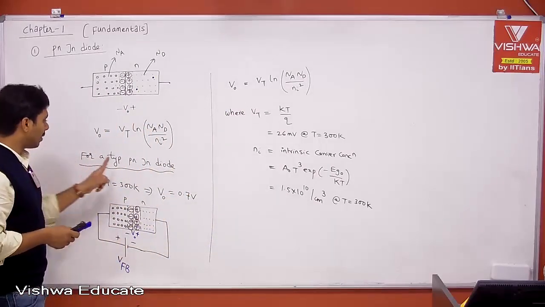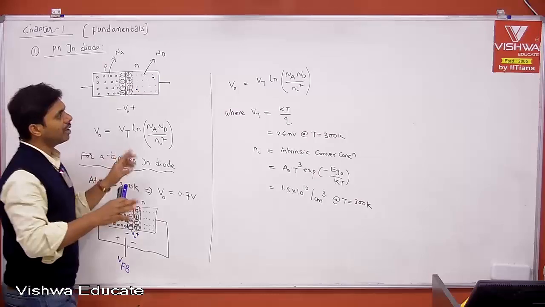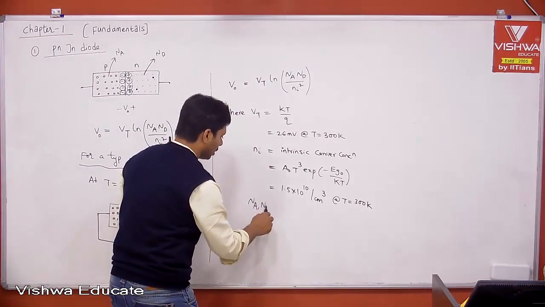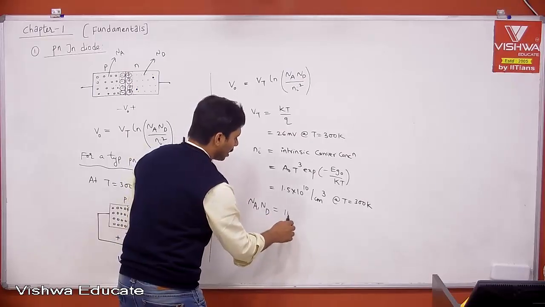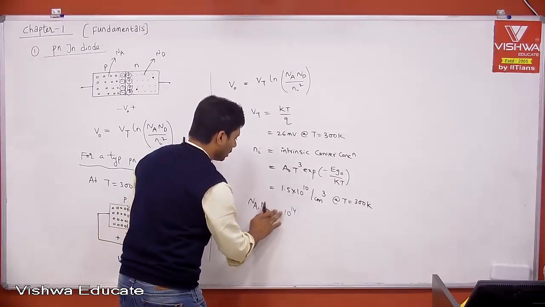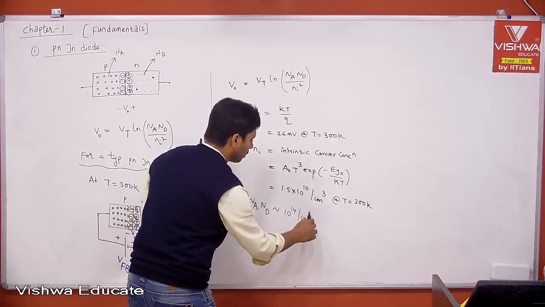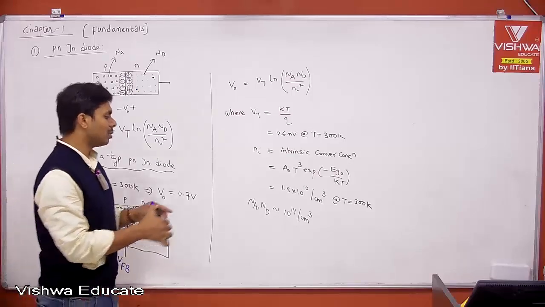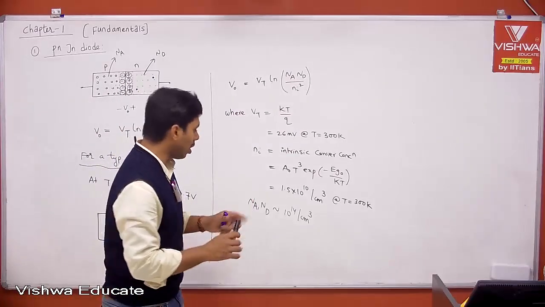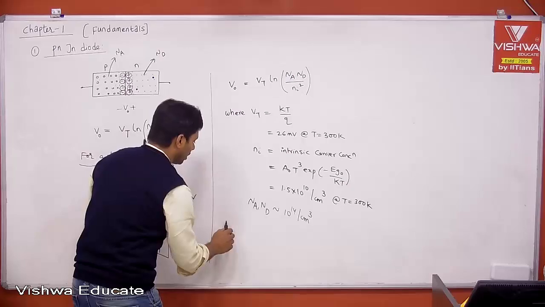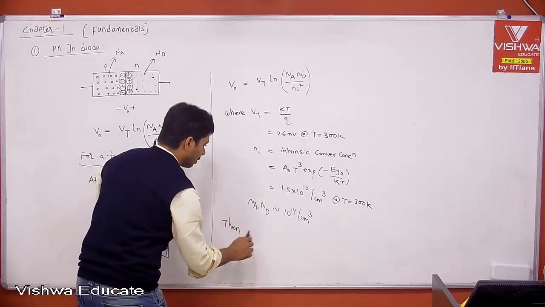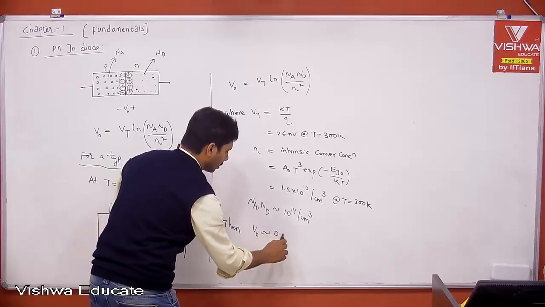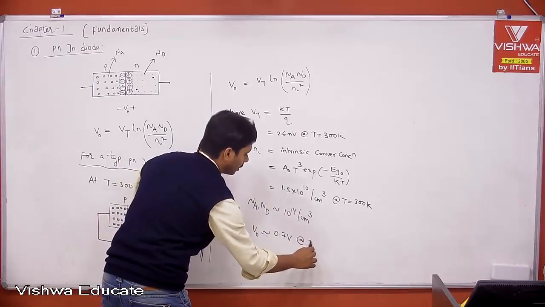For a typical doping where Na and Nd are in the order of 10 to the power of 14 per centimeter cube, or 10 to the power of 13 per centimeter cube, V naught will be in the order of 0.7 at room temperature.